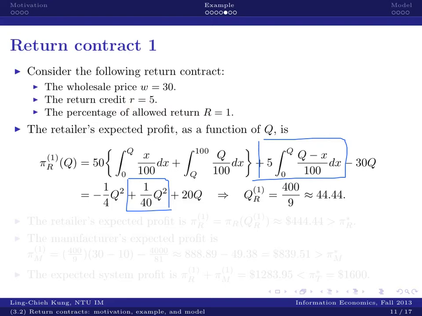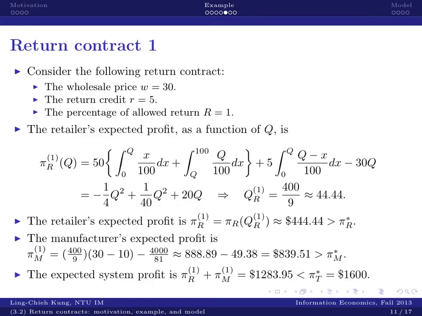So as a retailer, definitely we will order more. Under all those calculations, the retailer's expected profit can also be found as 444 and so on, and this is again higher than the previous 400.